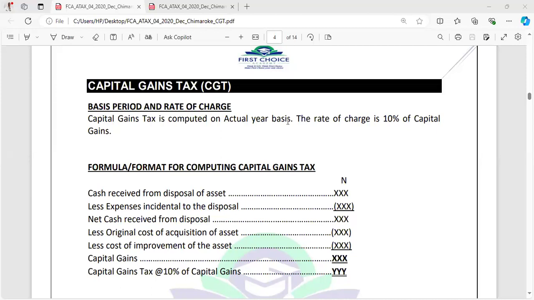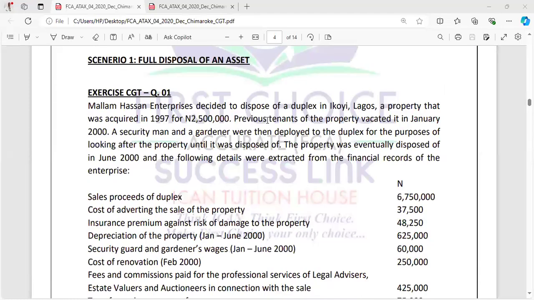Now we want to look at examples of capital gains tax. We'll be looking at four scenarios. In these scenarios, we are going to be telling you what is peculiar in them.